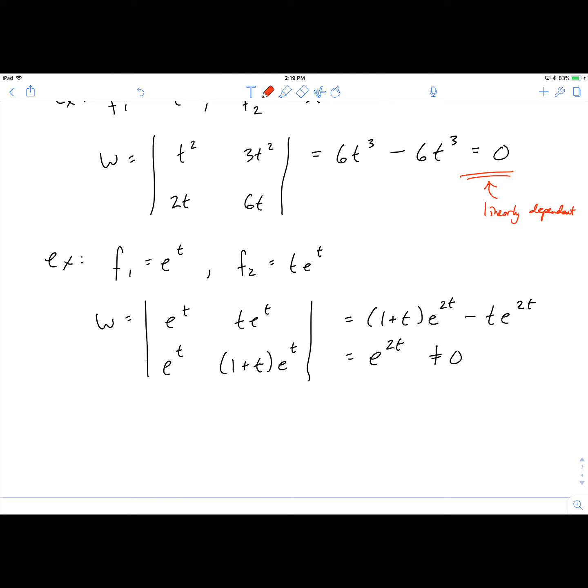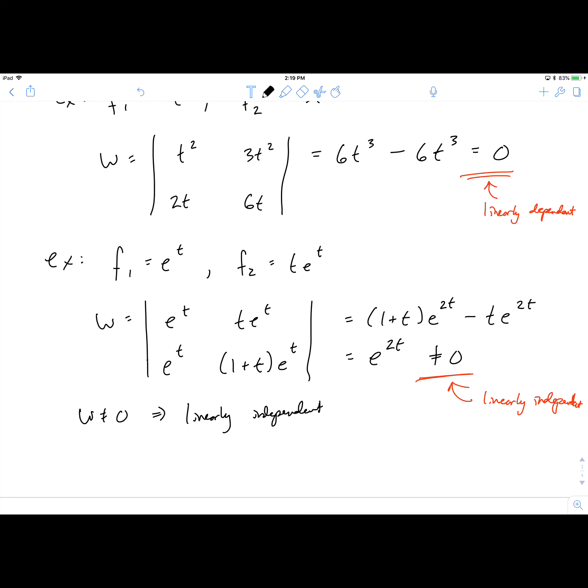And that does indicate that these are linearly independent. So that's one use of the Wronskian, to verify that two things are linearly independent. If you take the Wronskian and get something non-zero, then that means the two functions are linearly independent.